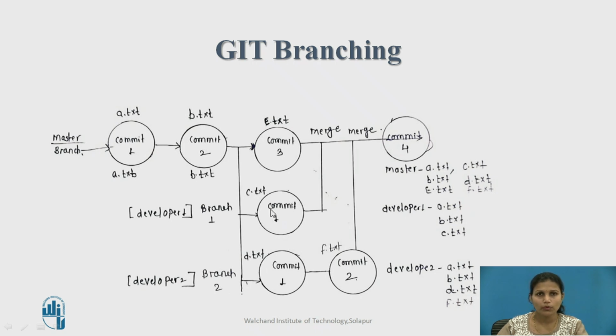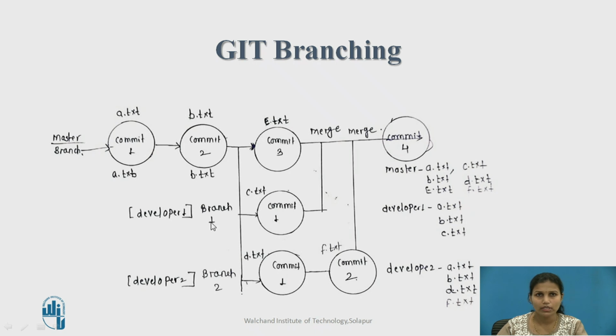At this stage, developer 1's branch 1 will consist of three files, a.txt, b.txt and c.txt, and the same applies to branch 2 of developer 2.